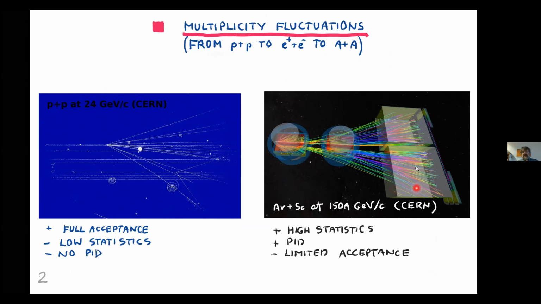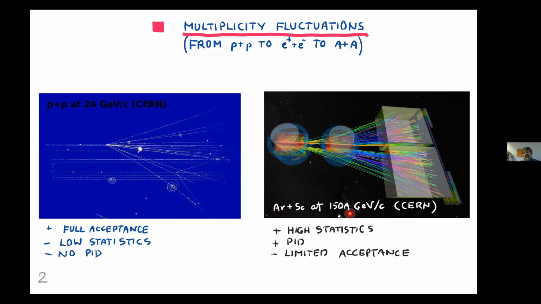So the right plot is what NA61 records, an argon-scandium collision at 150 GeV/c. We are talking now about fixed target experiments. In most cases, when you see energy, this is the laboratory energy of the projectile. 150 means that a single nucleon has 150 GeV/c.